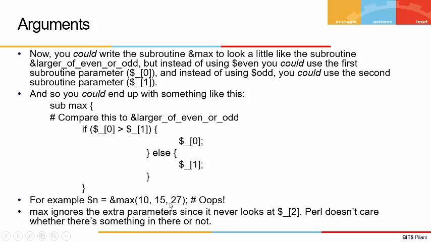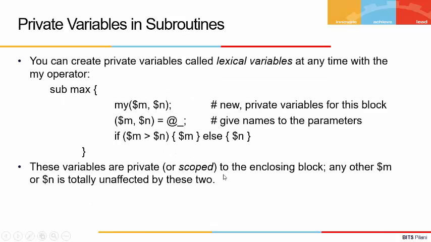So Perl will just discard it. It doesn't care what the actual value is. It will just check what the subroutine uses, the values for arguments 0 and 1. Fine, so this is all about the arguments for the subroutine.